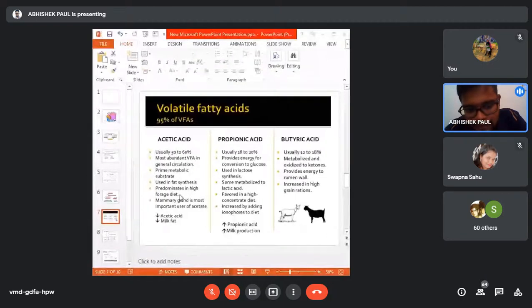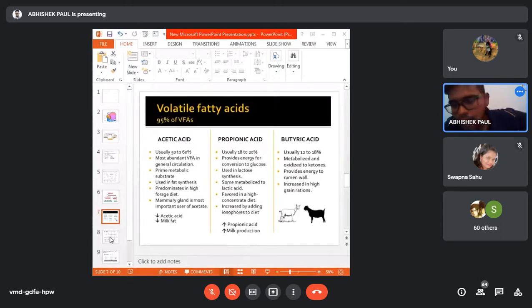So if you provide more concentrate, it helps in production of more propionic acid. More propionic acid means more lactose, and more lactose means more water will come into the milk. As a result, the total yield will increase. Is it okay? So if propionic acid increases, the milk production also increases.